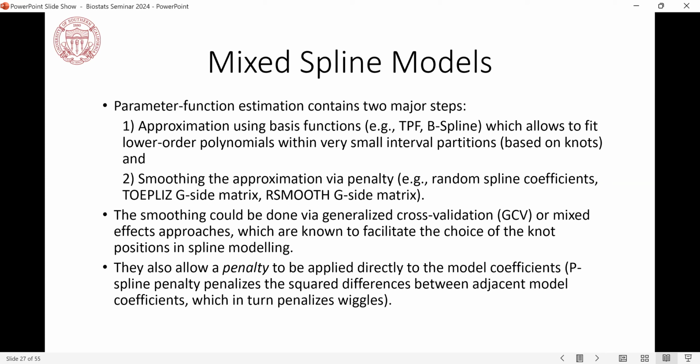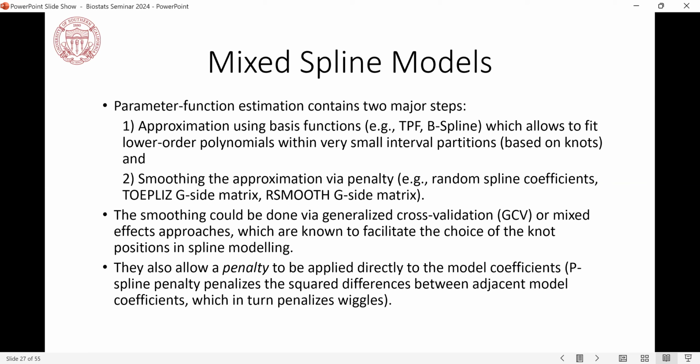So we do random spline coefficient, where the G psi matrix is just the random effect, or a ratio smooth for the G psi matrix. The smooth could be done through the generalized cross validation. This is a very important term, cross validation, to minimize the overfit, or just the mixed effect approach.